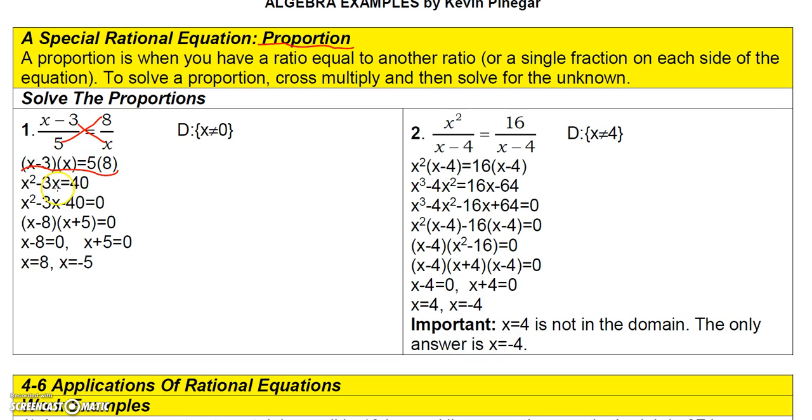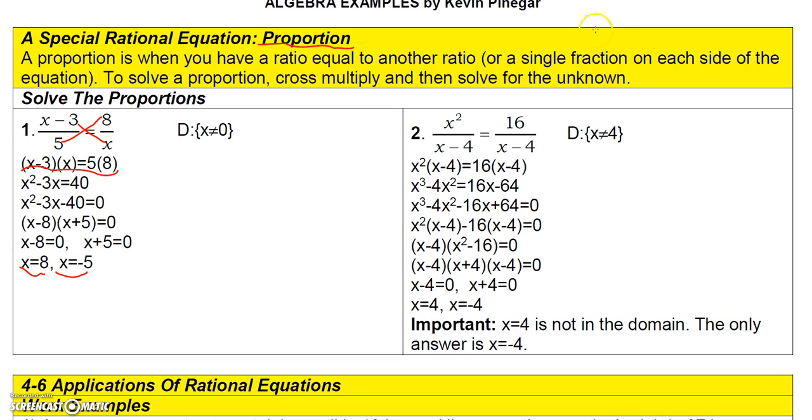And then subtract 40 from both sides, and I get x squared minus 3x minus 40 equals 0. And then that factors into x minus 8, x plus 5 equals 0. And then you set those equal to 0, and you get x equals 8 and x equals negative 5. And those are in the domain, so those answers both work.